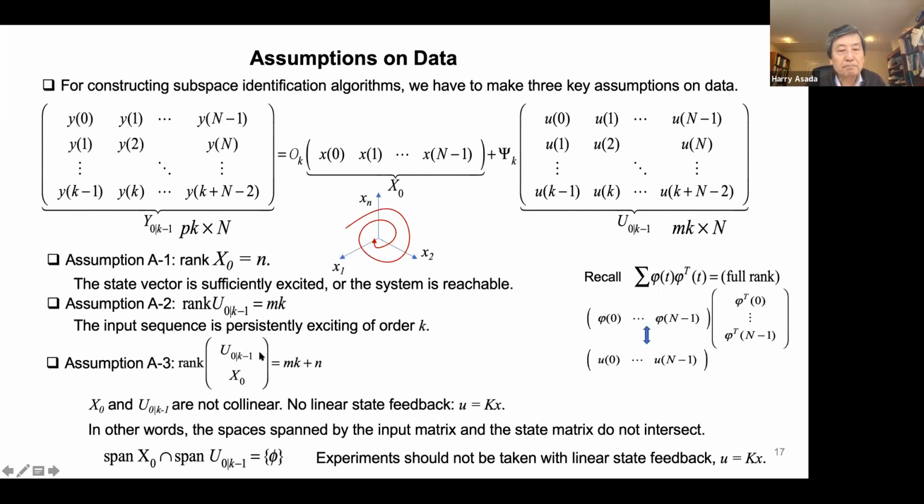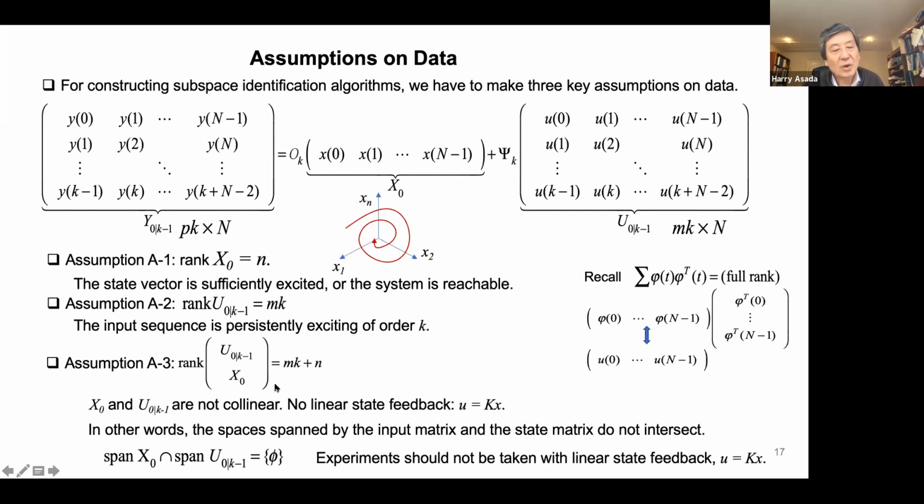So if you take the concatenation of U naught K minus 1 and X naught and make the big matrix, the rank of this matrix is MK plus N. In other words, even though we know that X naught is rank N, and this one individually is rank MK, if there are some collinear row vectors involved in here and here, the rank shrinks, right? But if such things do not happen, these two are isolated, then the total rank is the rank of this plus the rank of this, MK plus N.